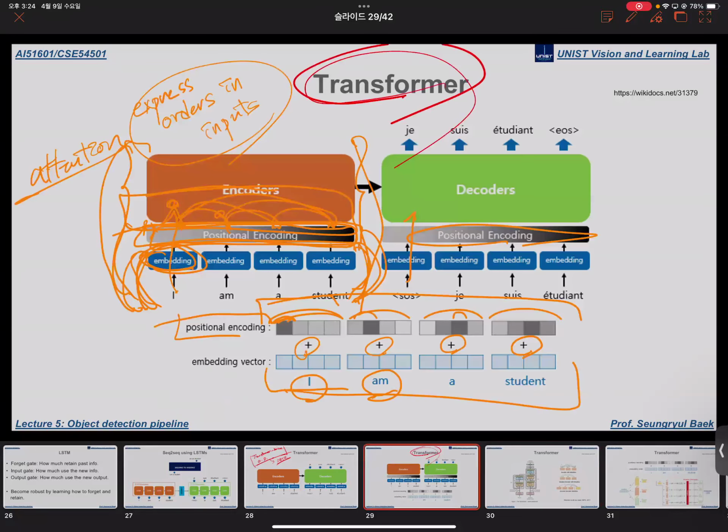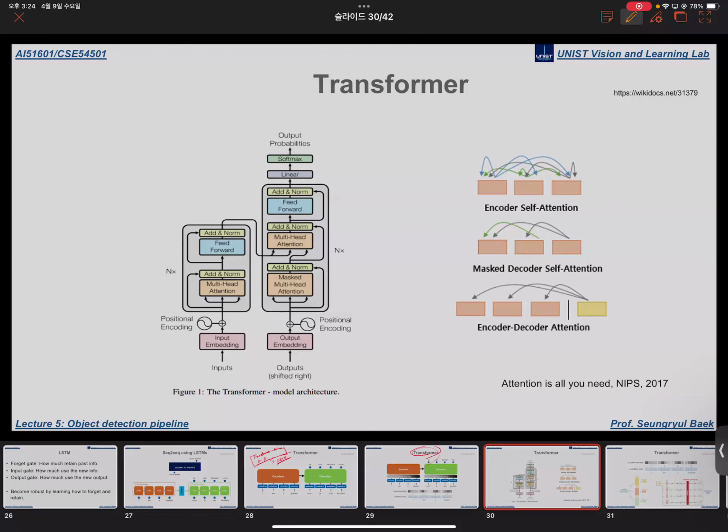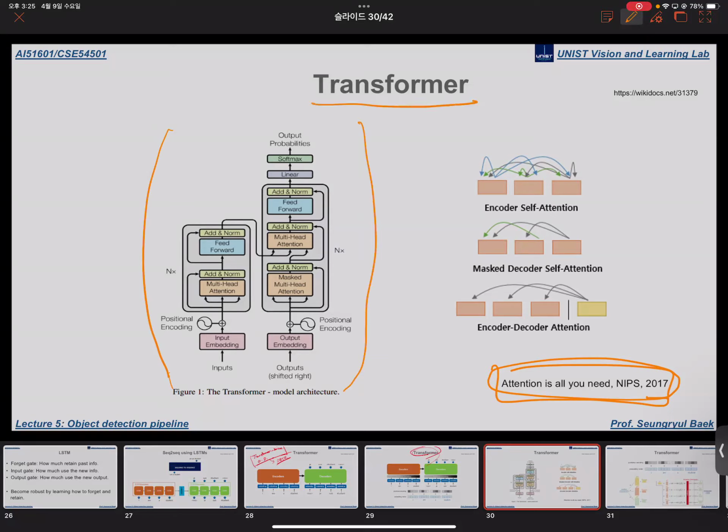So this is the transformer as I understand it. This is actually the first paper that proposed to use the transformer in the NLP domain. I think the paper is worth reading, okay? But they represent the transformer with this figure.